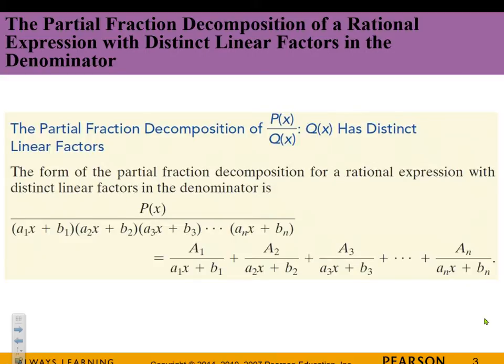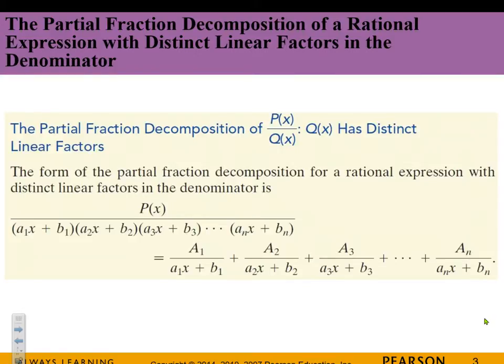So, partial fraction decomposition is the name of the game. Partial fraction decomposition of a rational expression with distinct linear factors in the denominator. The form of the partial fraction decomposition of a rational expression with distinct linear factors in the denominator looks like this. So here is what you're going to be breaking things down into.